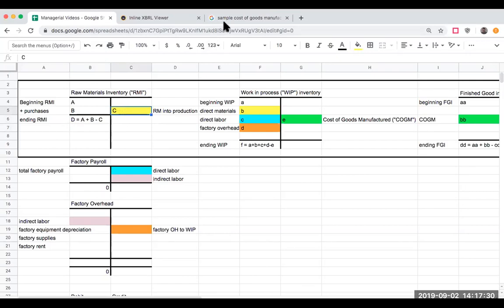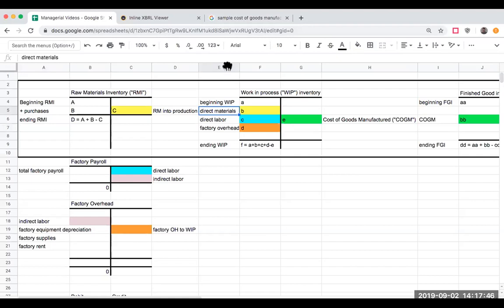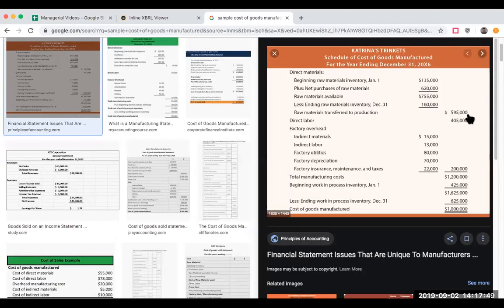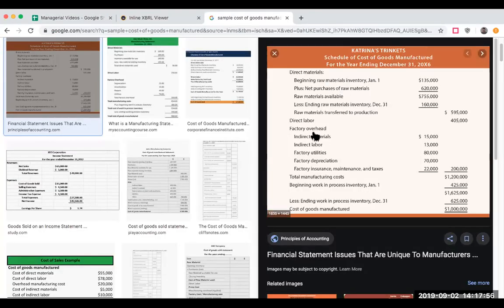So essentially, what we're doing here on the T accounts is another way of showing this right over here. The three parts going into determining the cost of goods manufactured are right over here: my direct materials used in production, plus my direct labor, which is right here, plus my factory overhead. And here, if you look at this, indirect materials, indirect labor, factory supplies, factory depreciation, factory insurance, there you go.